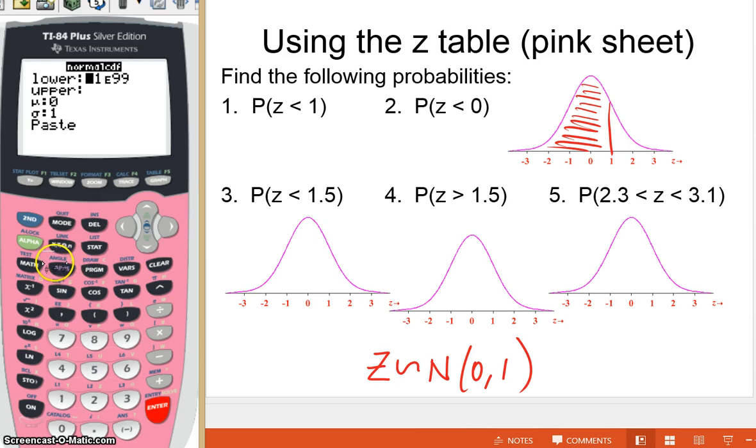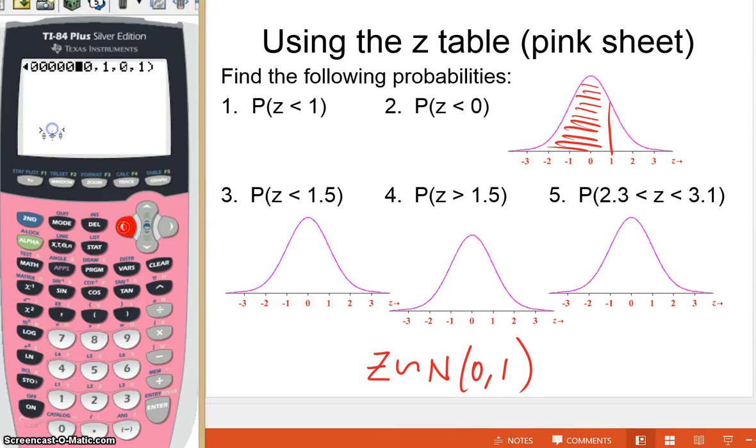What you can also type in is -1 and a whole bunch of zeros, so that we're talking about negative infinity. Then the upper bound is 1, where we are sitting here at the z. The mean is 0, and the standard deviation is 1. We go down to paste, and it took what we just did and put that into our home screen.